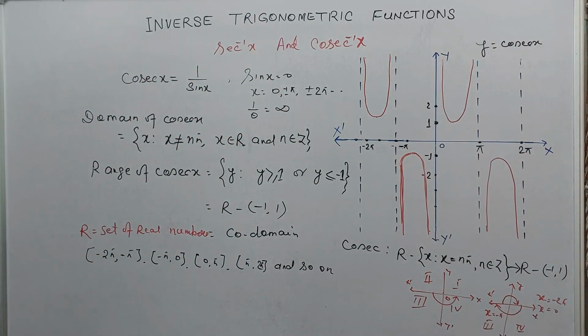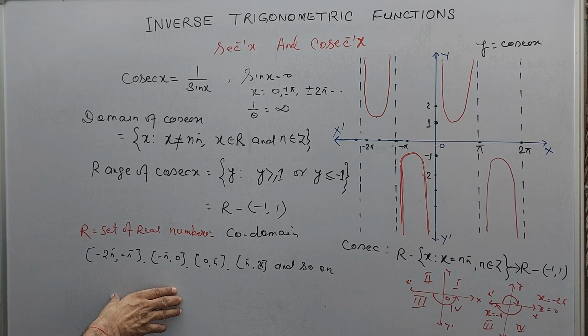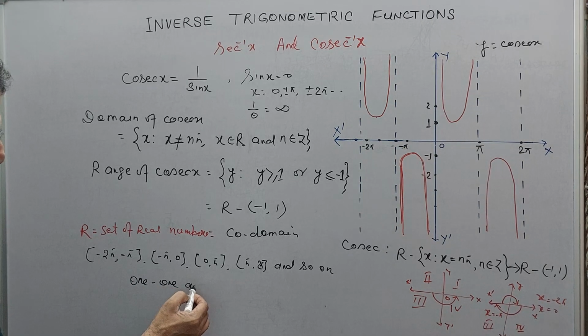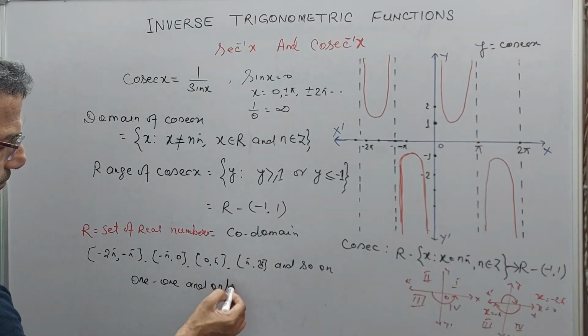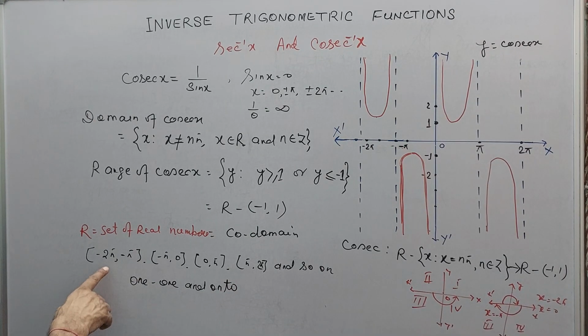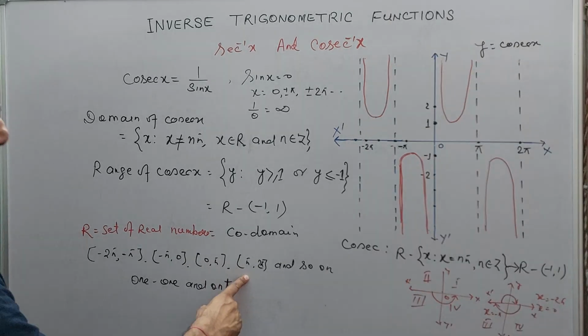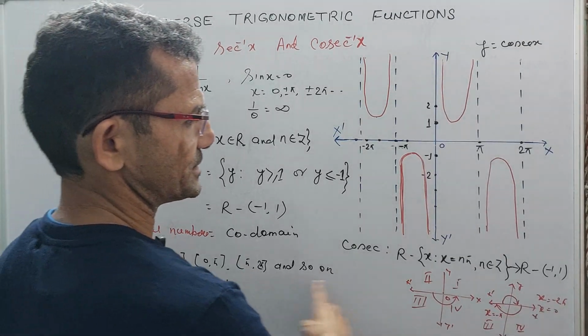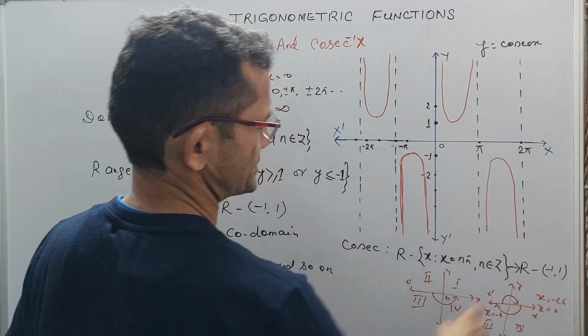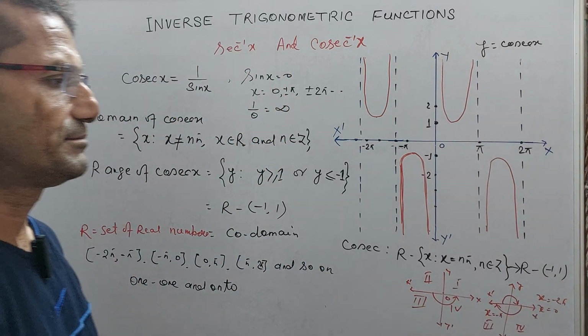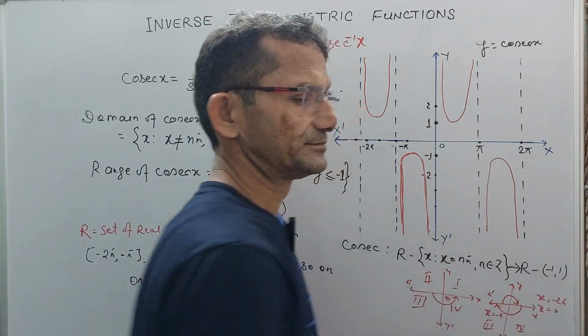Our range will be the same one. So in this case the functions will be one-one and onto. If you take the domain as this one or this one, and so on, all have the same range. The range will be this set: from the set of real numbers we have deleted -1 to 1.